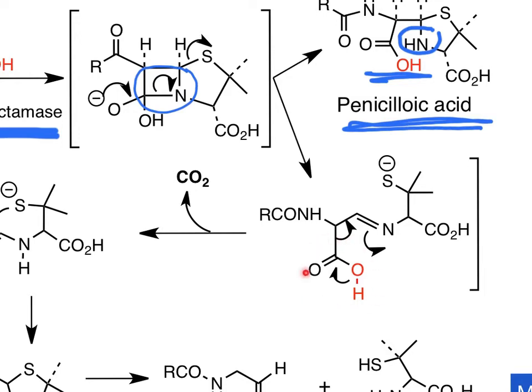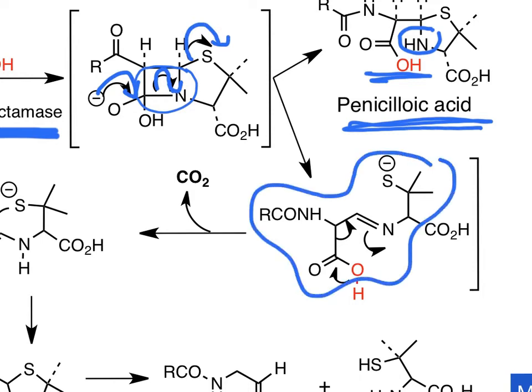This is the carboxylic acid group from the ring. This ring I wouldn't show here. Once you have this going into here and the ring broken up, and again this ring broken up, you get this opening of a big molecule. Two rings are open now. One is the lactam, another one is the thiazolidine ring.